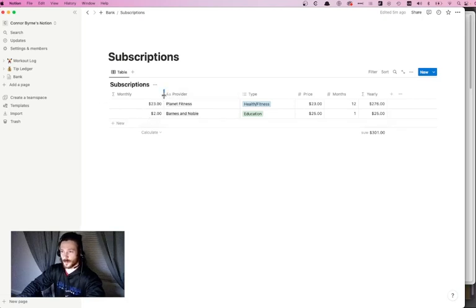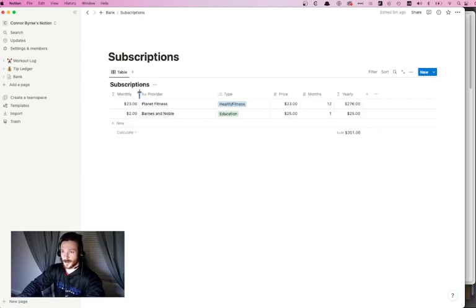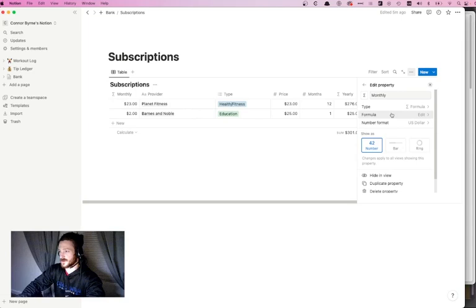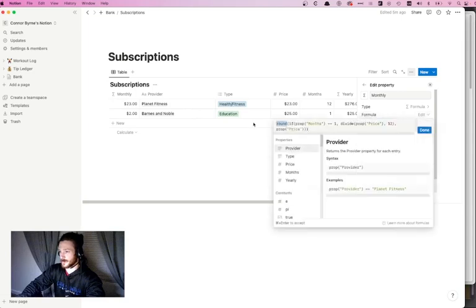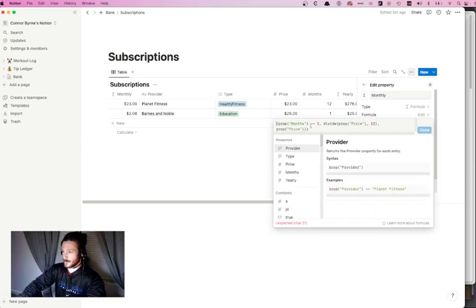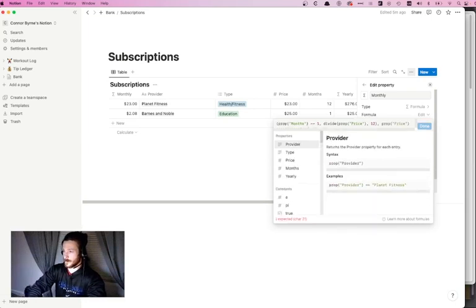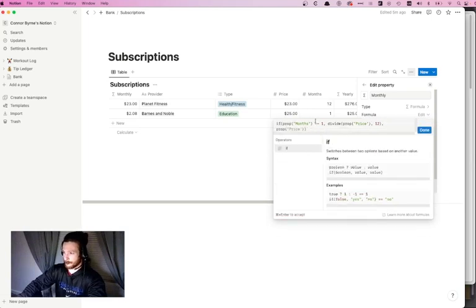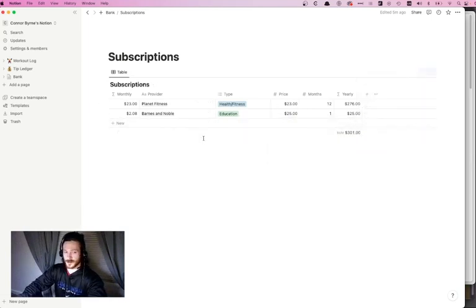For now, we'll stick with a round number. That makes the math really easy. But again, if you want to be more specific, $2.08 a month for Barnes & Noble, 23 because of the 12-month standard.